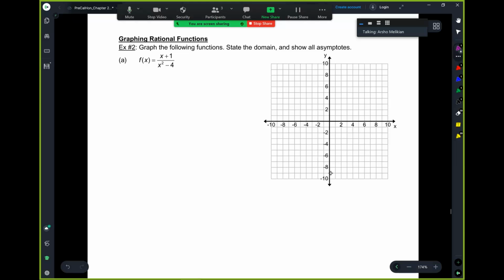To do this, we want to first find the domain, the asymptotes, and all of that stuff. So the domain, right? Let's factor this: x plus 1, x minus 2, x plus 2. So the domain is negative infinity to negative 2, negative 2 to 2, 2 to infinity.